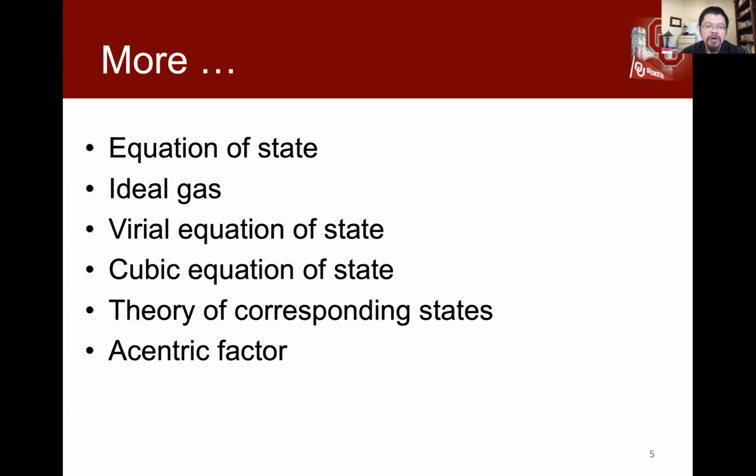And we were also talking about the very nice idea of the virial equation of state, using the Taylor series expansion. If we understand the ideal gas, then we use that understanding to derive the Taylor series expansion around the ideal gas, and then we can have those virial equations of state.